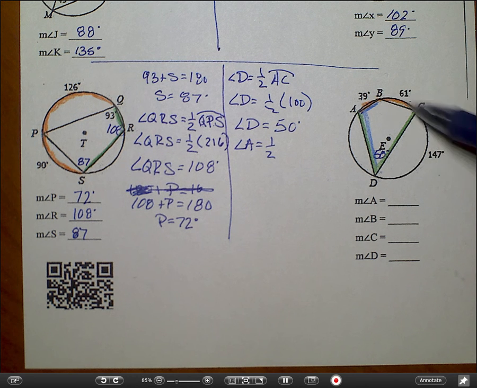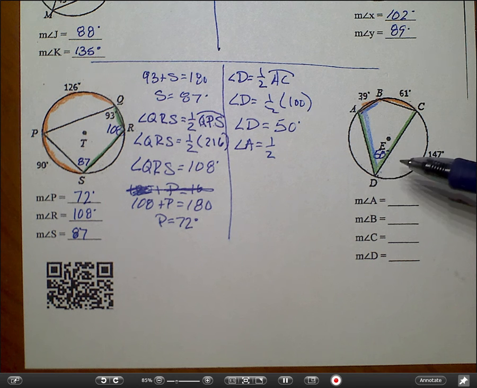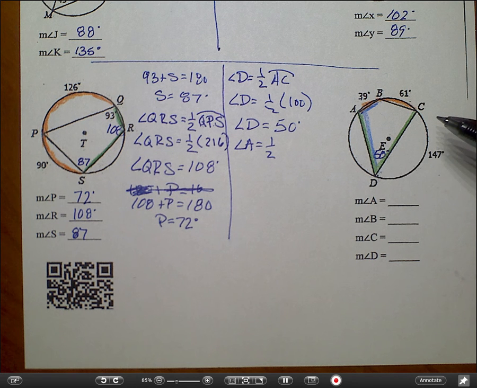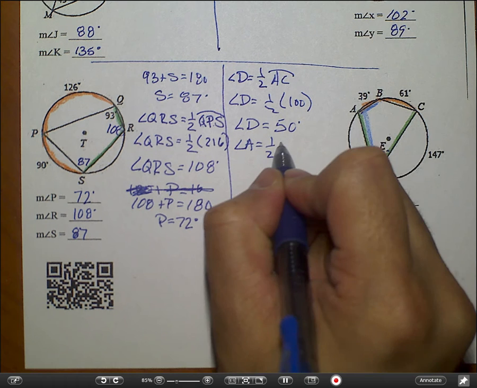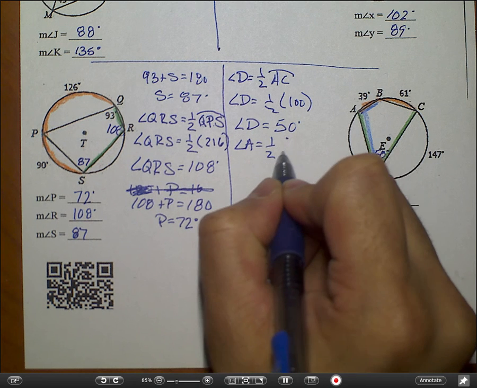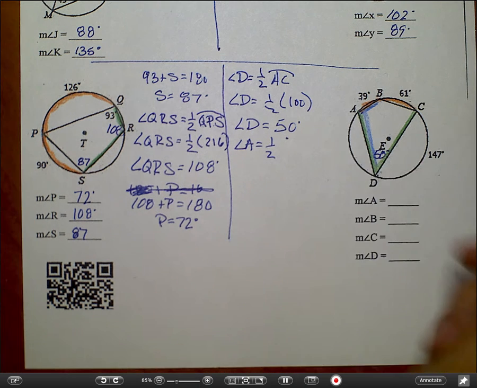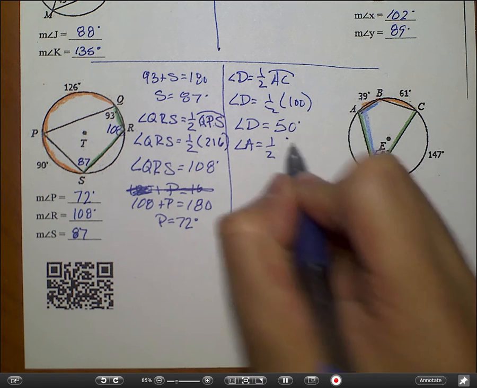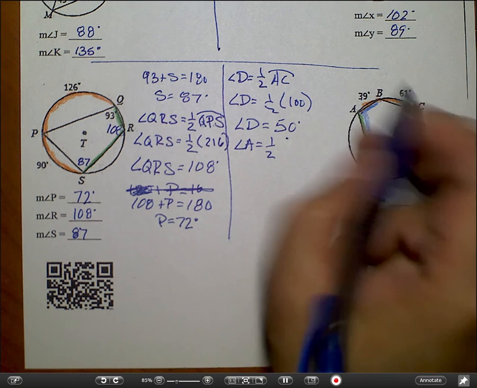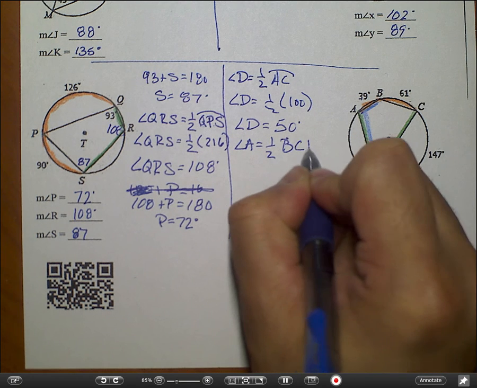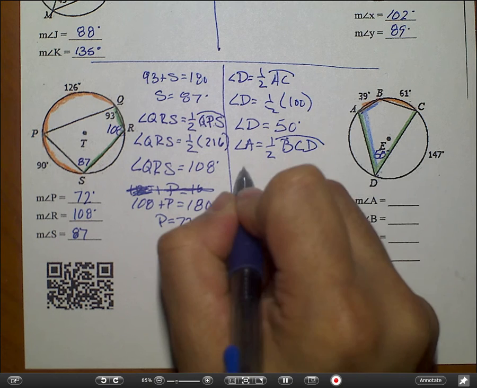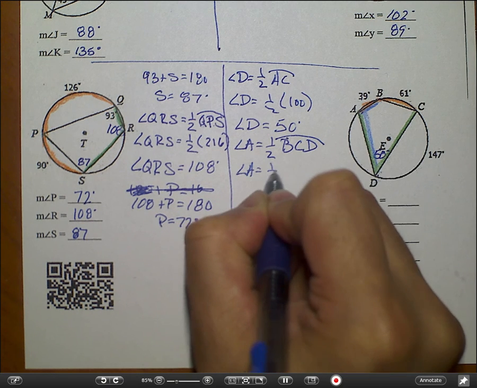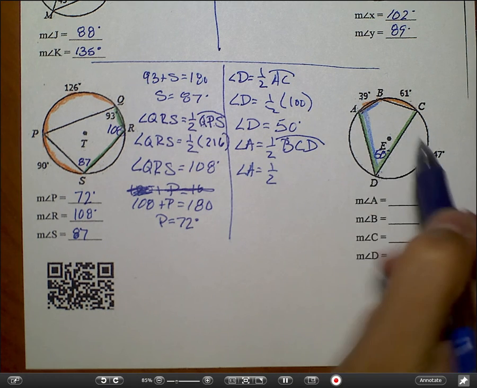So it's going to be B, C, D, because it's a major arc. So that's going to be B, C, D. So angle A is 1/2, and add all those together.